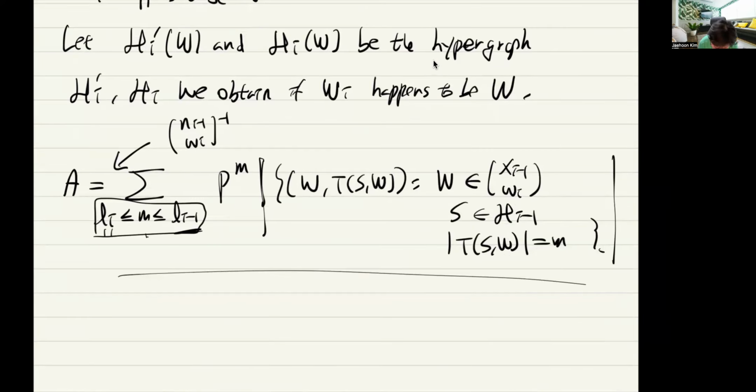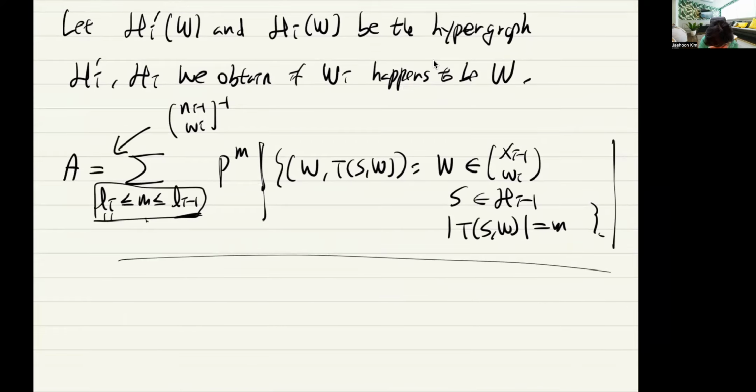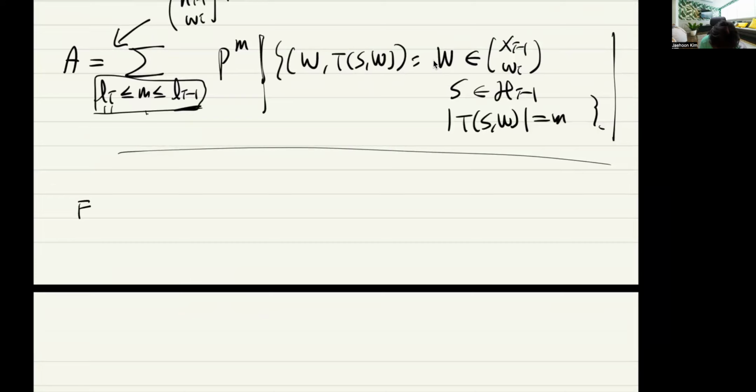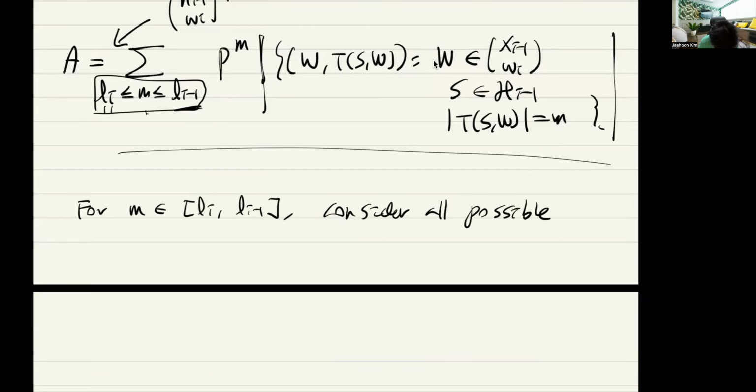Okay, now you want to estimate it. How do we estimate? We first fix M and we consider all possible n_{i-1} choose Wi plus M choices.